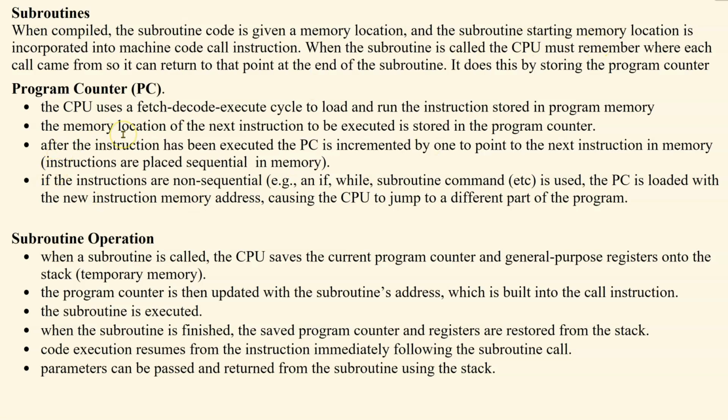The memory location of the next instruction to be executed is stored in the program counter, and after the instruction has been executed, the program counter is incremented by 1 to point to the next instruction in memory. That's because the instructions are placed sequentially in memory.